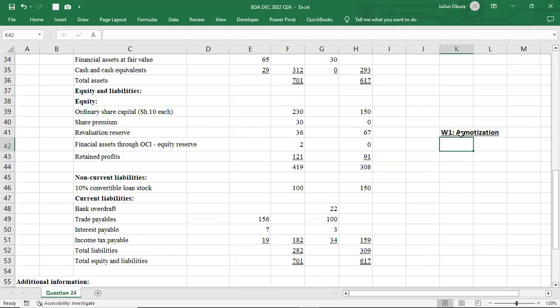So for this, you are going to do your amortization for goodwill. You are going to do your amortization for intangible assets.